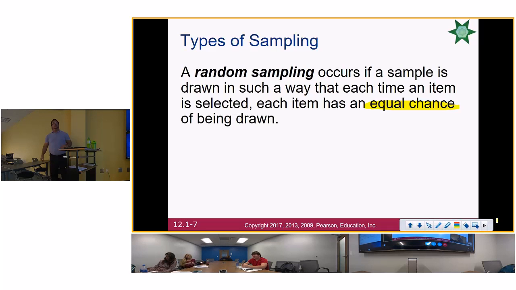Okay? What is an equal chance? Let's say that everybody, I hand out a, what is it called? Sticky note? Post-it note. I give out one yellow Post-it note to every student I have at the Oconee campus and here.